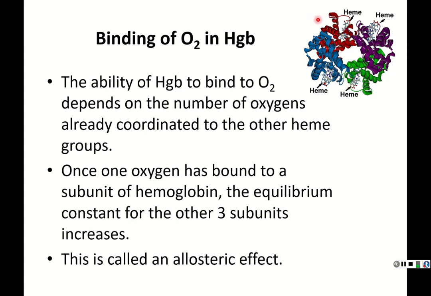This cooperativity effect, where binding one subunit increases the affinity for the subunits at the other sites, is known as an allosteric effect. And again, if you take biochemistry, you're going to talk about that quite a bit.